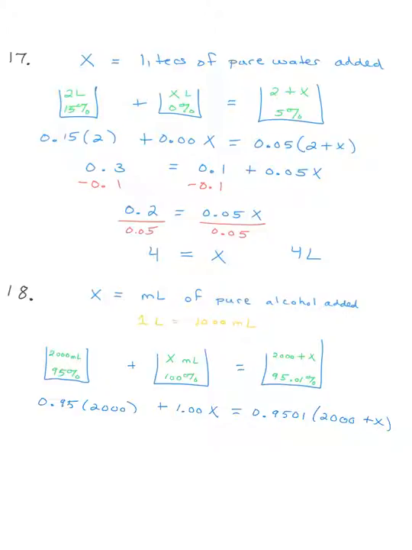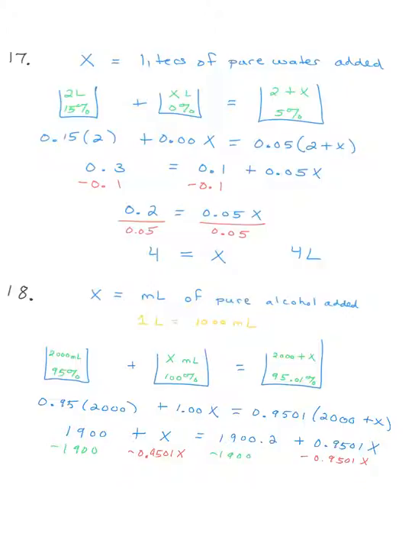Okay, let's simplify this out. Okay, we get 1,900. I'll just call this X. Distributing the 0.9501 gives us 1900.2 plus 0.9501X. What I'm going to do is subtract this from both sides, as well as subtract this from both sides.